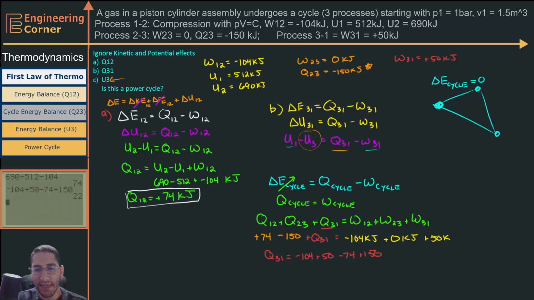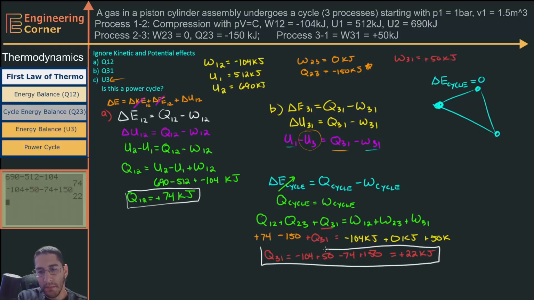And we get that this is equal to plus 22 kilojoules. So this is part B.